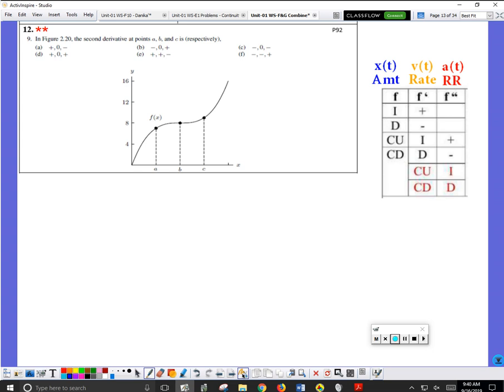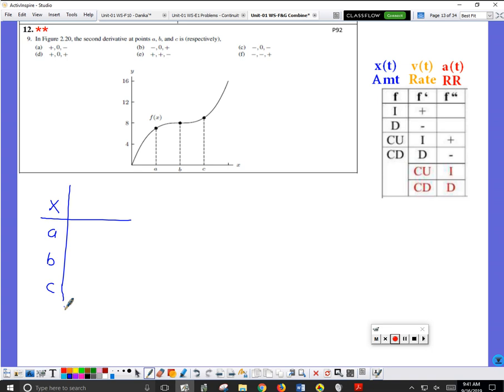For example, super crucial to notice you're looking at f. Even though up here it says second derivative, don't skim it. Don't go, oh, second derivative, this is f double prime. This is f. It says right there, f. The question says the second derivative of this at points A, B, and C. So these are just different x coordinates.